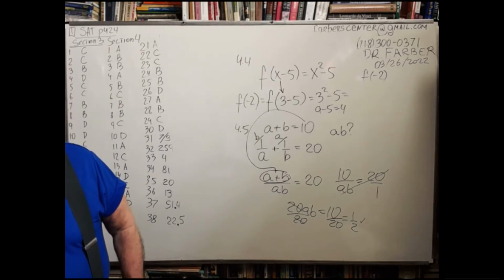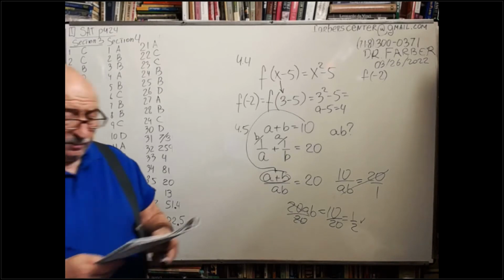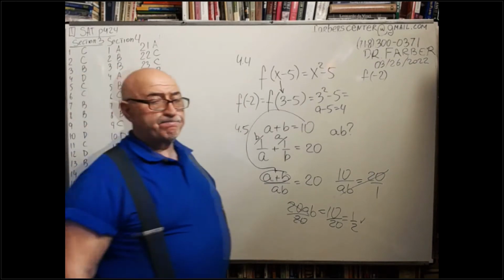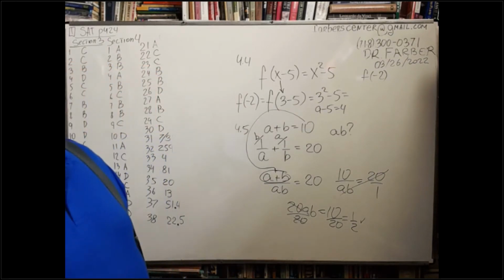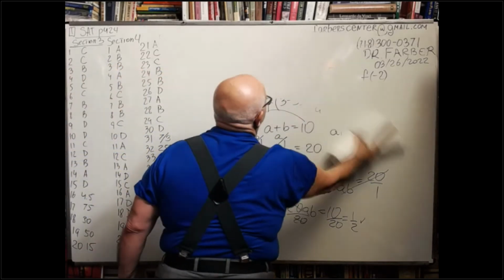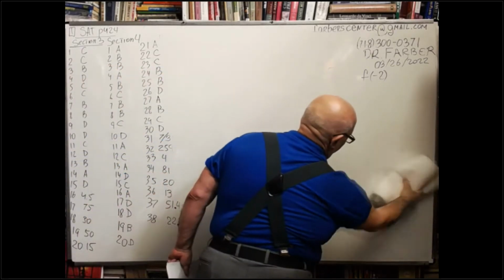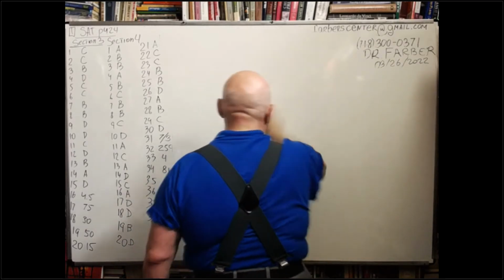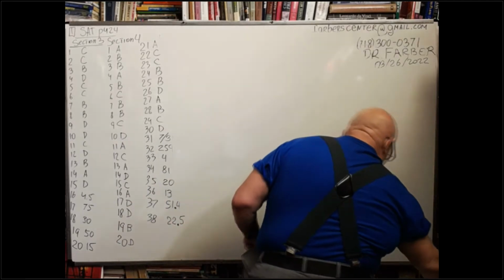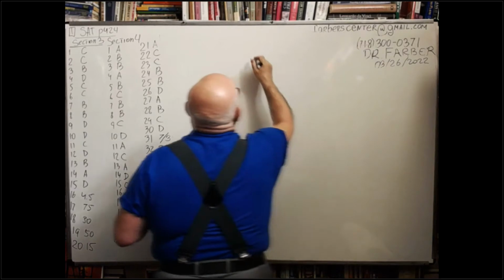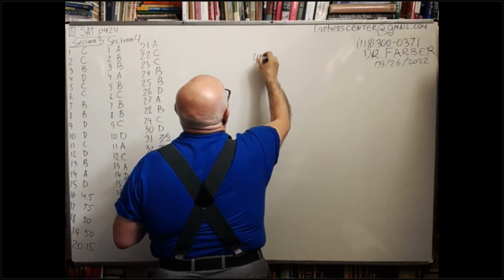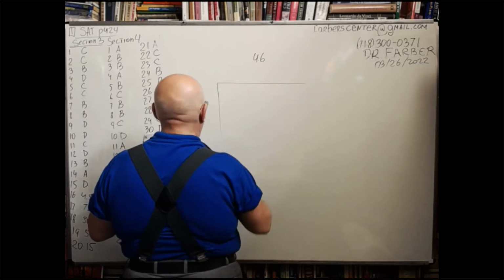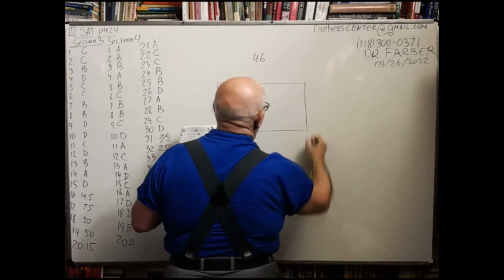Next is one many students ask about, 4.6. Can you read everything? Okay, 4.6. Make a question. You have a rectangle.